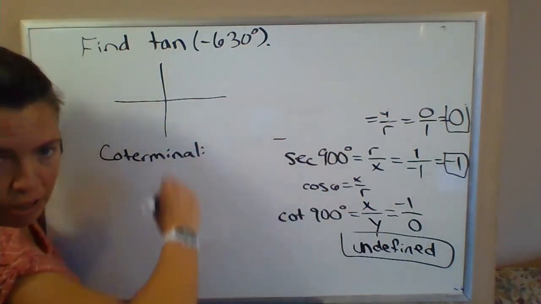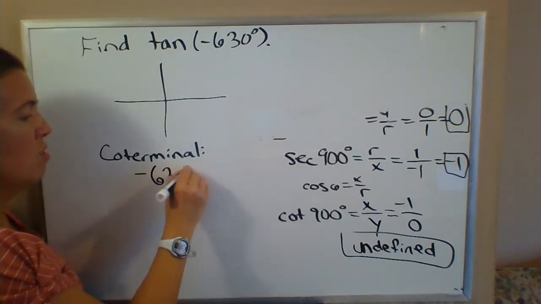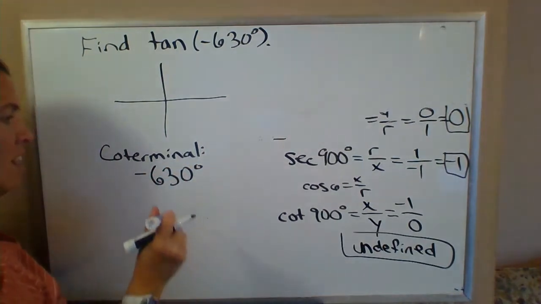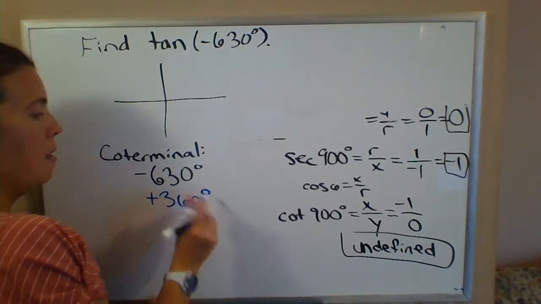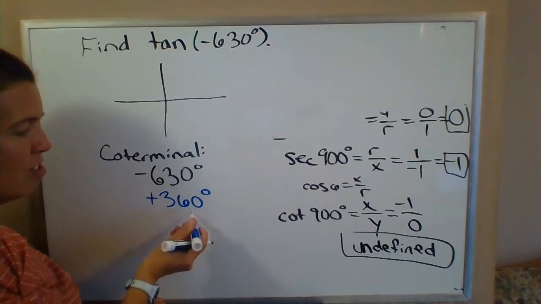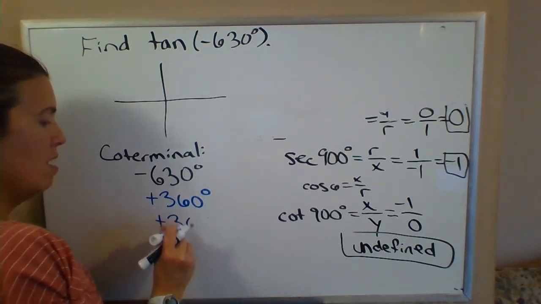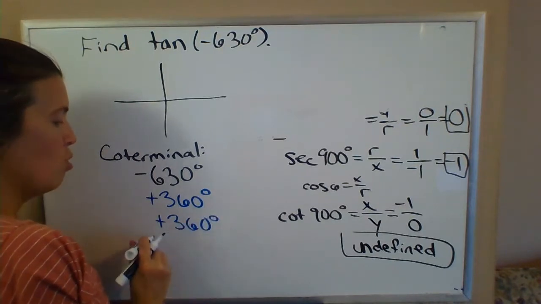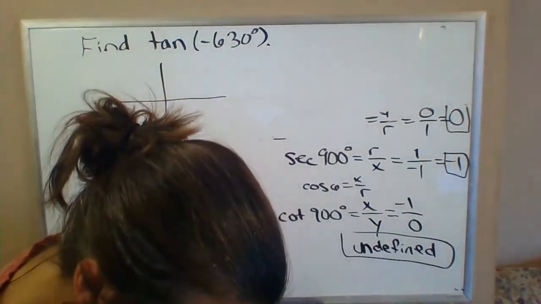And so you end up right where you started. So we can take this negative 630 degrees and add 360. Although I already know if we add 360 one time, it's still going to be negative, right? So we know we're going to have to add 360 degrees twice. Add 2 rotations to that.